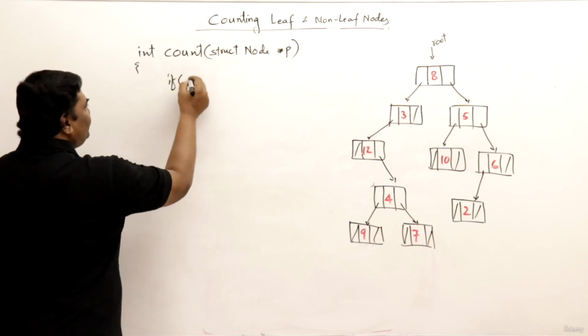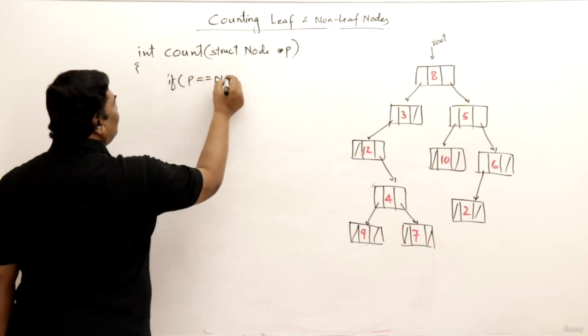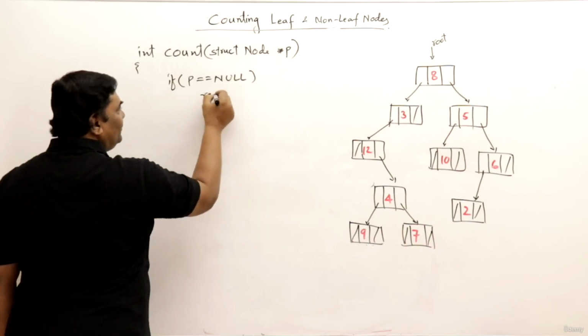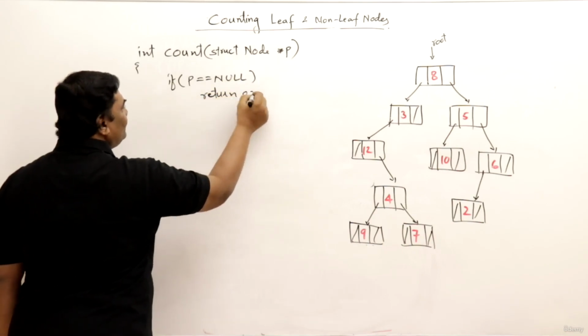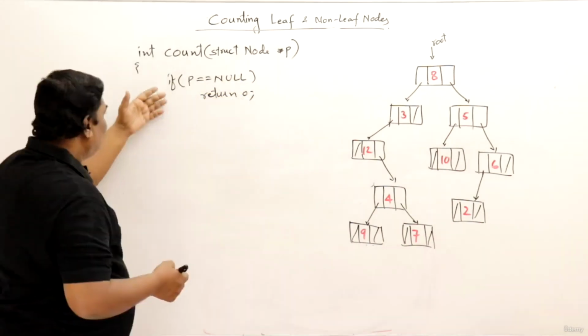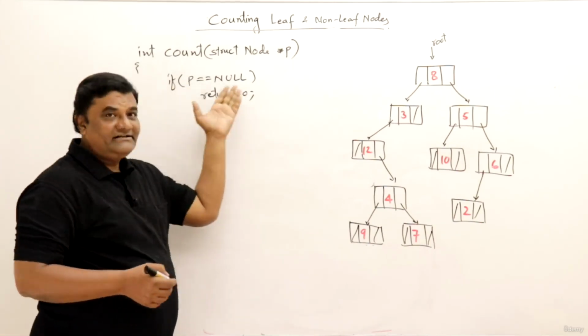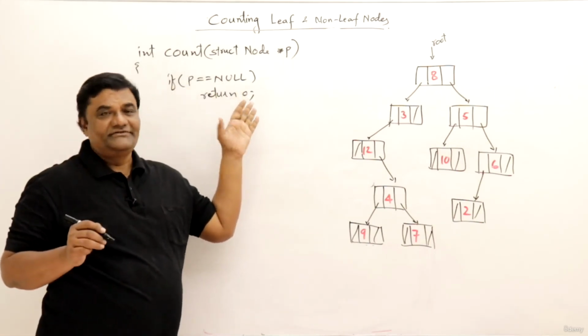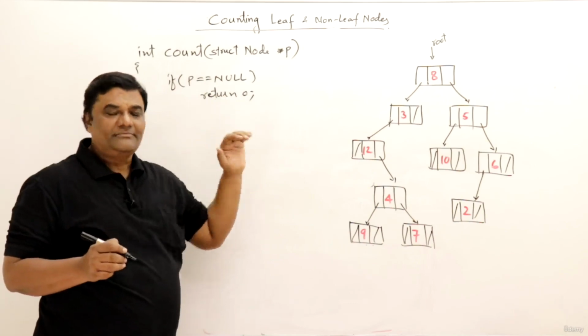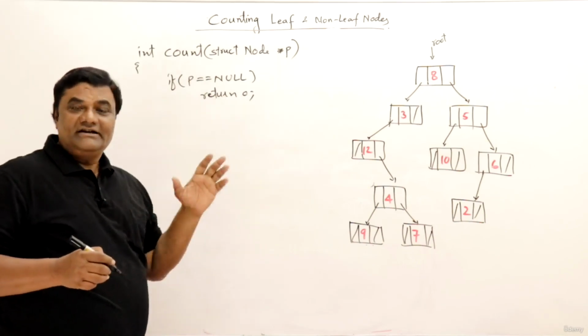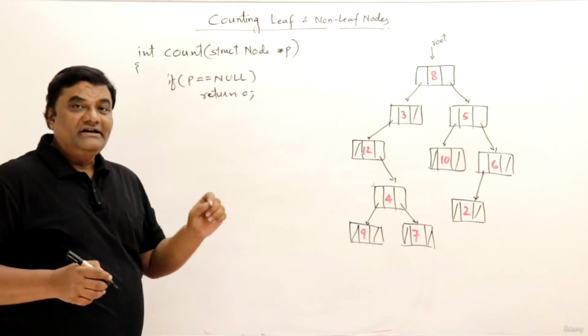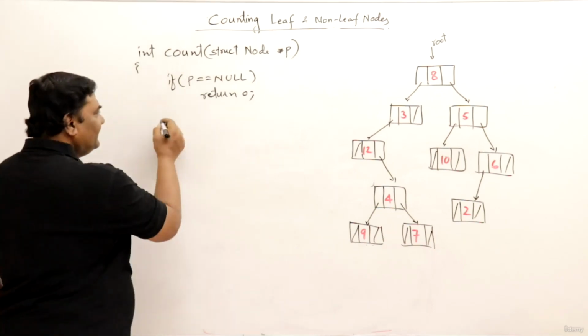Simply, first I will check the condition. If P is equal to null, we know well that it should return 0. Okay, this is over. I don't have to write else, because inside the condition there is a return statement. If it is true, the function will stop and never come here. So I can write the code without else.